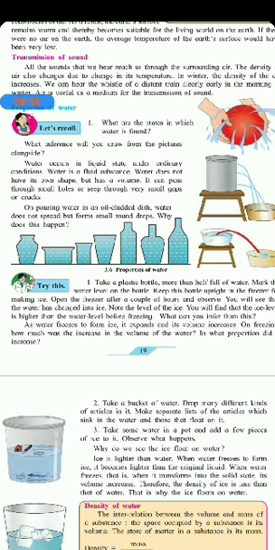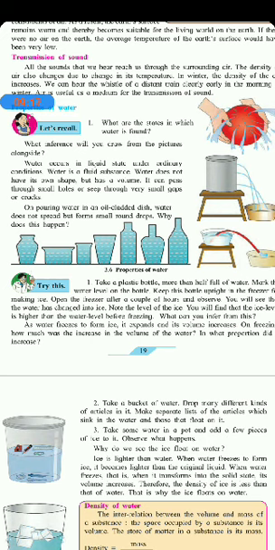Just mark the level of water, and keep the water bottle into the freezer. When we took it out after freezing, we found that the level we marked for the water is lower compared to the mark of the ice. So what can we infer from this?